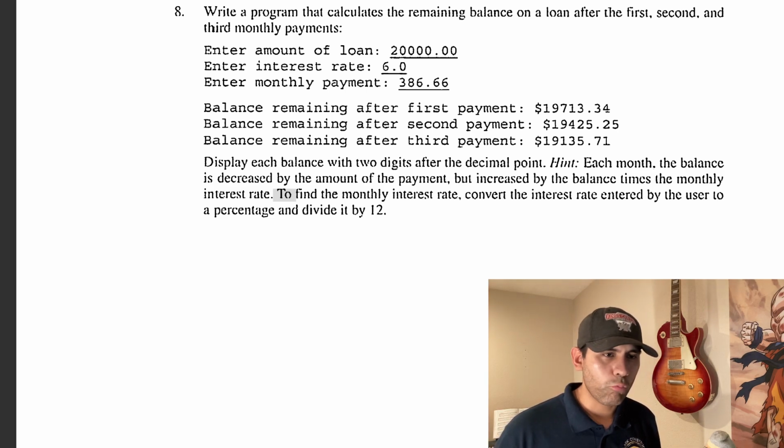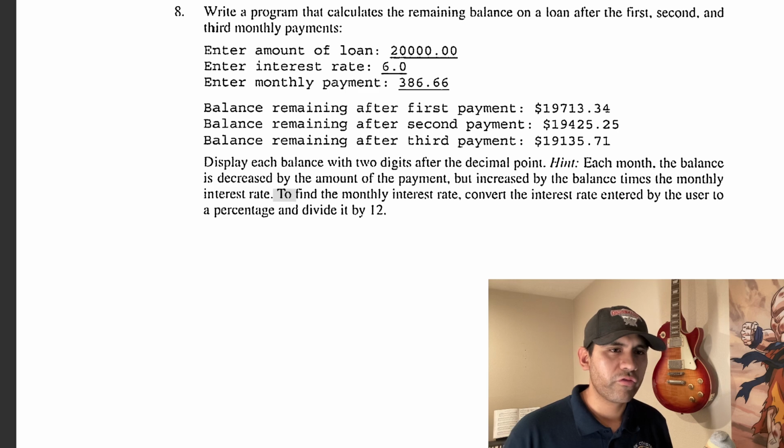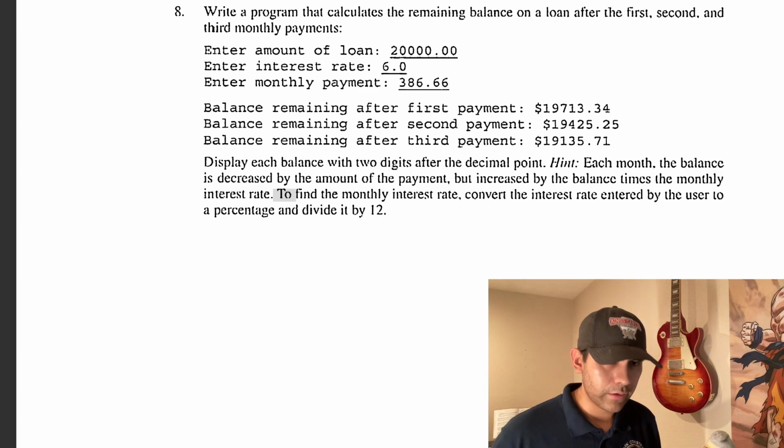Oh man, what did I do wrong? Okay, so balance plus balance times monthly. Again, this is one of the reasons I miss using Visual Studio Code. It fills out the variables for you. I'm doing it the hard way. I don't know why.